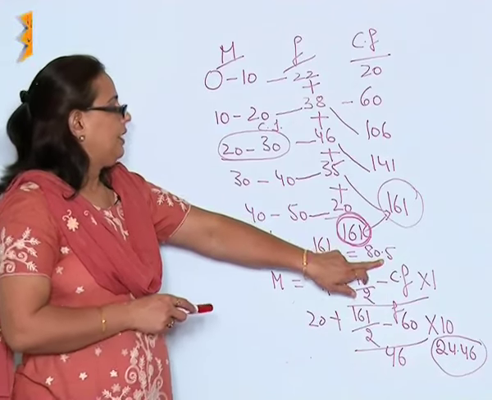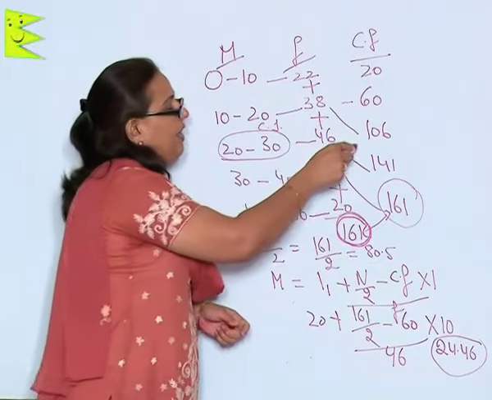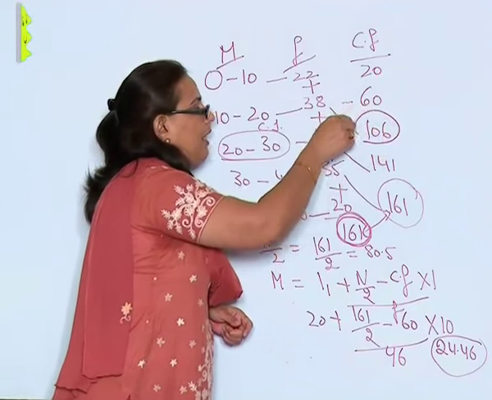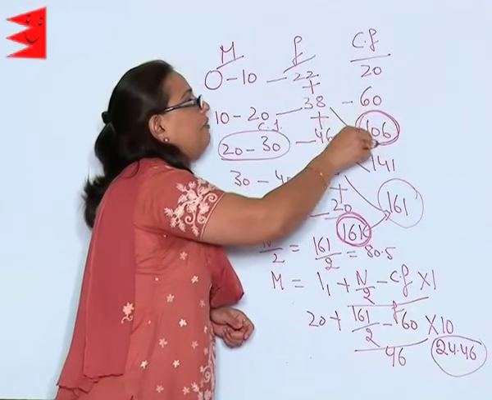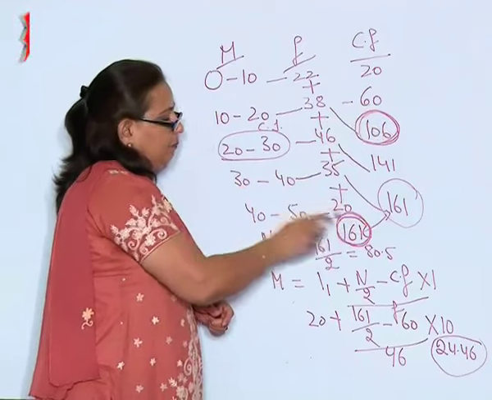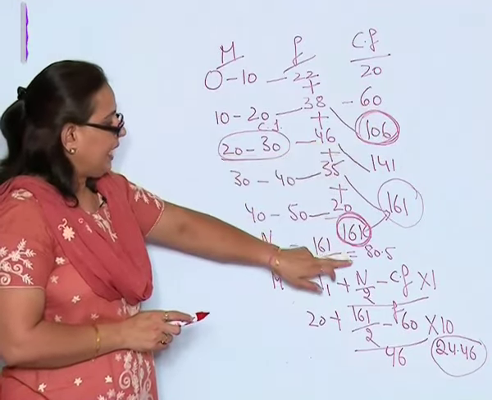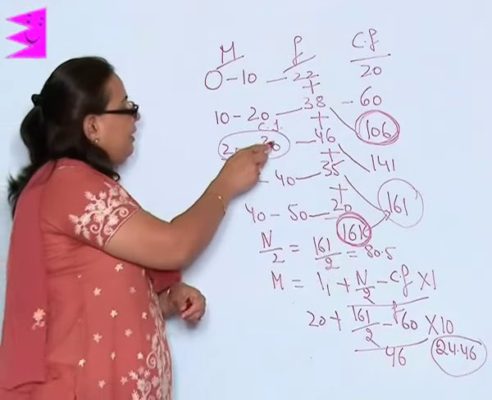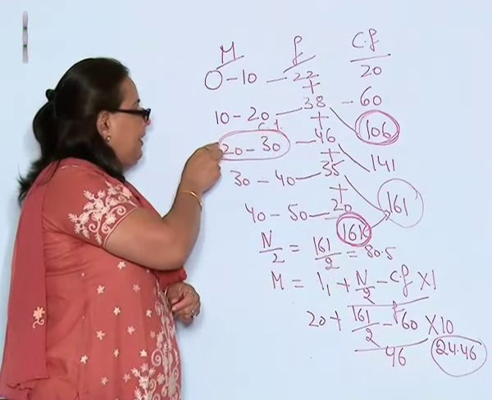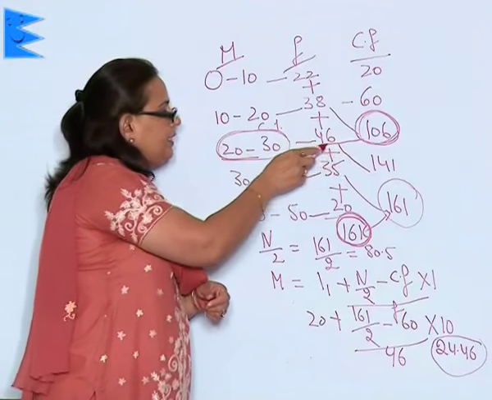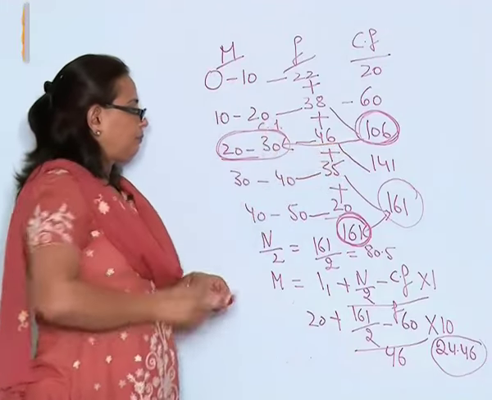So, 80.5 shall lie in this 106 cumulative frequency. When 80.5 lies in the 106 cumulative frequency, the class interval that I get is 20 to 30, since it falls in this.